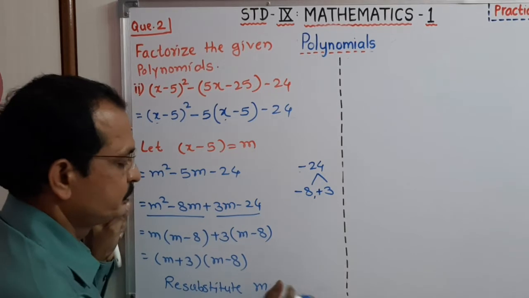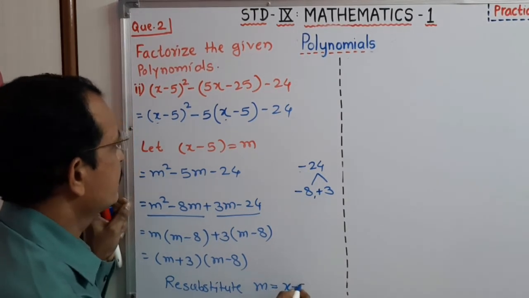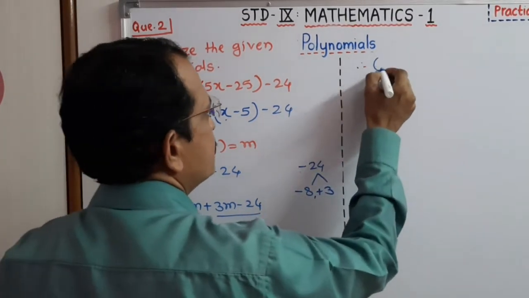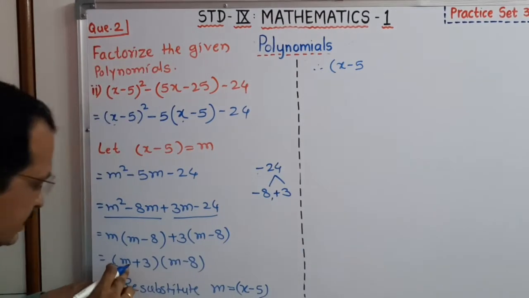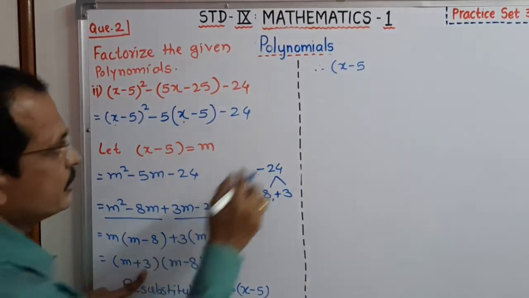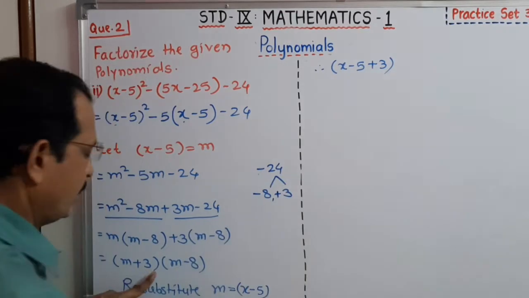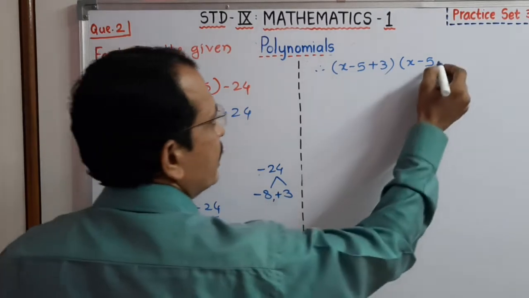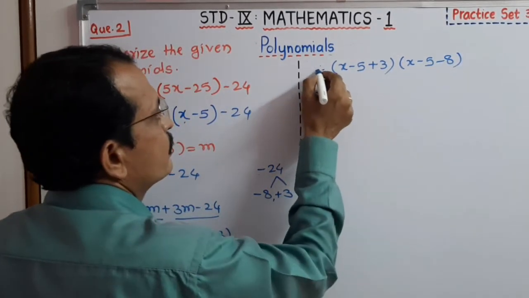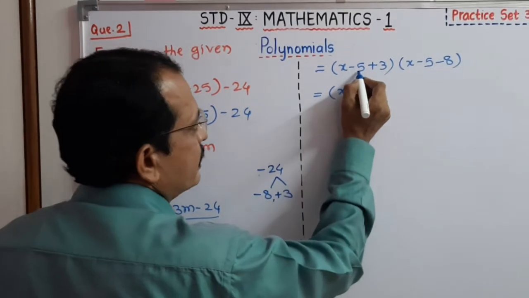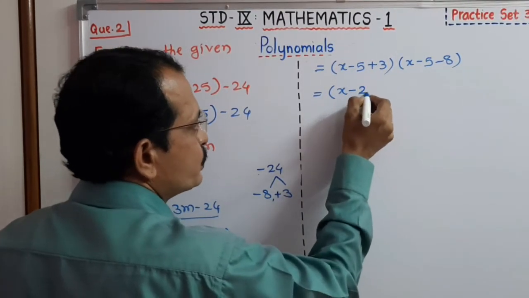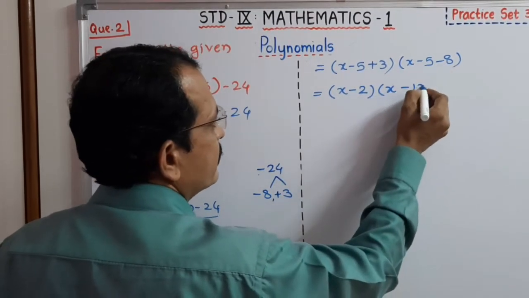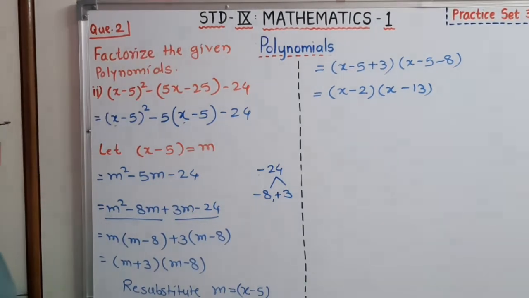Now see here, m is x minus 5, this is the value in m plus 3, and here again x minus 5 and this is minus 8. Therefore dear student, we got x minus 5 plus 3, it is minus 2, and here x minus 5 minus 8, it is minus 13. This is our final answer.